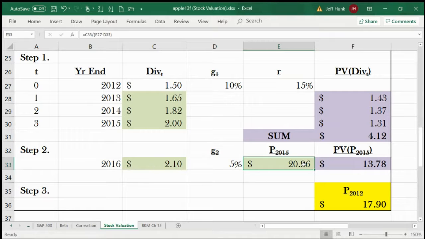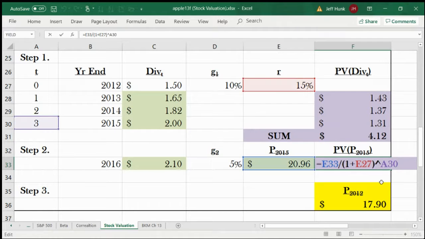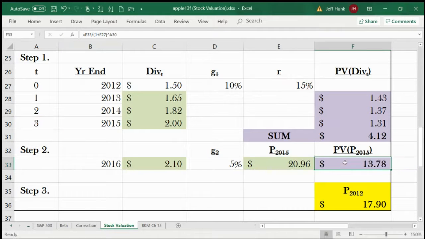We will need to discount it back to 2012, which is 3 years back. So we discount it, of course, by R raised to 3 years, right? Makes sense.